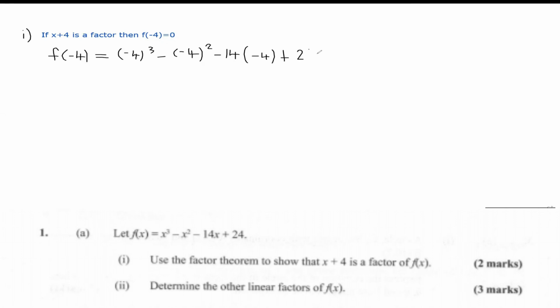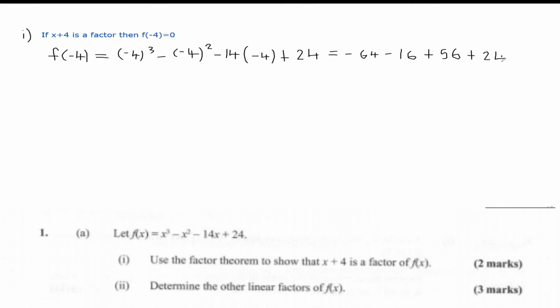So when we check it out, what we're going to see is negative 4 cubed, that's negative 64. And then we have negative 4 squared. Negative 4 squared is 16. So this becomes minus 16. And then we have minus 14 times minus 4, that becomes positive, I believe that is 56 plus 24.